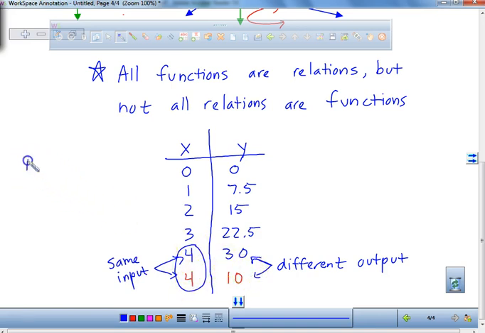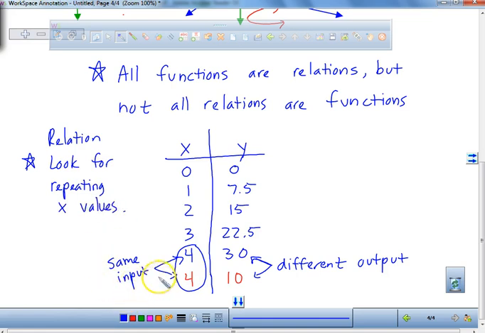So understand, here's what you need to look for. When you're looking for things that are not functions, this is just a relation. So if it's not a function, look for repeating x values.